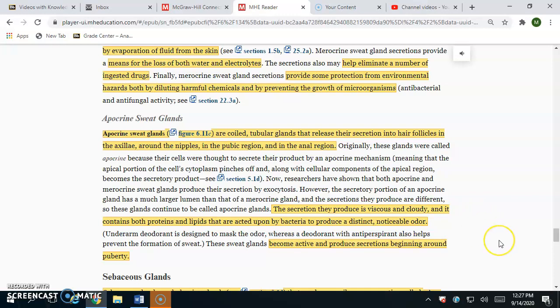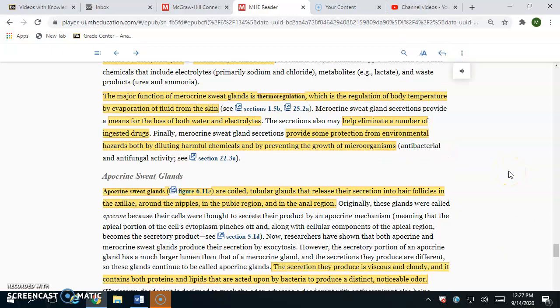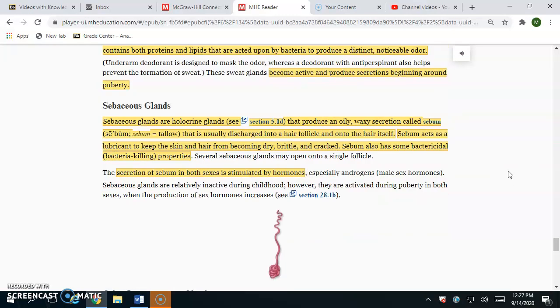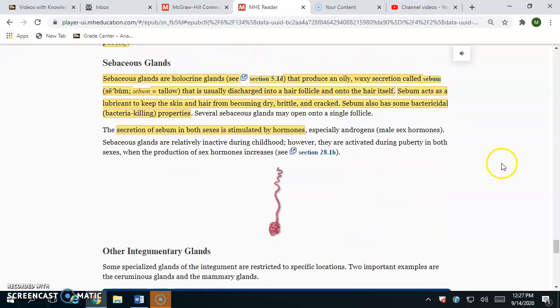So, all right, that is our sweat glands. So you should know the difference between them and their functions. And then the sebaceous glands, this is the last exocrine gland that we're going to discuss. There are a couple more, but we'll discuss those when we get to those body systems. The sebaceous glands are the ones that produce the oily or waxy secretion, and they call it sebum.